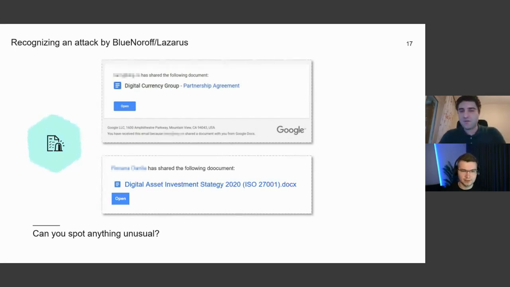By the way, just to introduce, the screenshots illustrate the emails. These are screenshots from the emails arriving in people's Gmail inboxes. You receive this when somebody shares a Google Drive document or a file through Google Drive or Google Docs. So this is how it looked. The question is, can you spot something unusual on the screenshots?